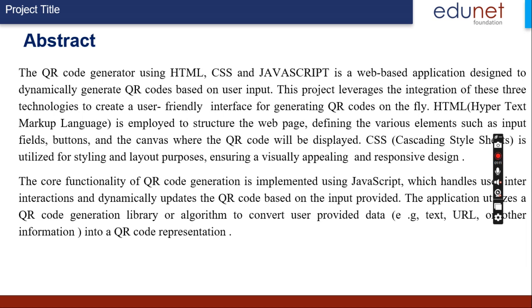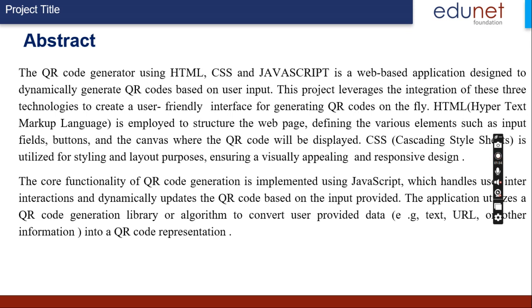This project leverages the integration of these three technologies to create a user-friendly interface for generating QR codes on the fly. HTML, Hypertext Markup Language, is employed to structure the web pages, defining the various elements such as input fields, buttons, and the canvas where the QR code will be displayed.